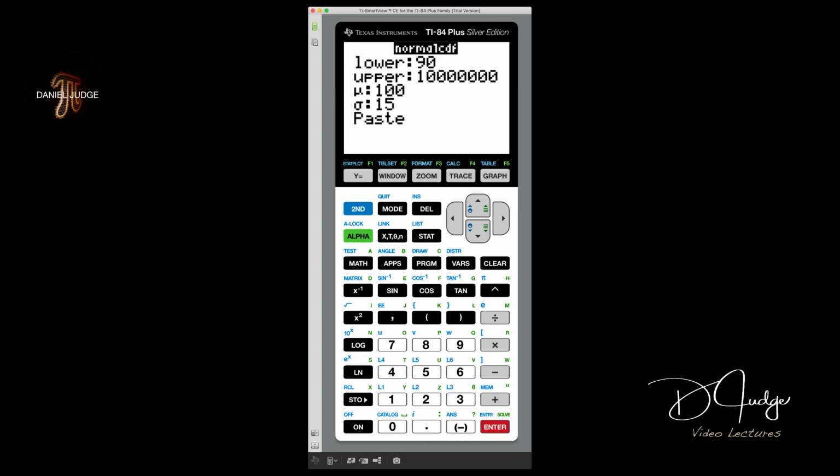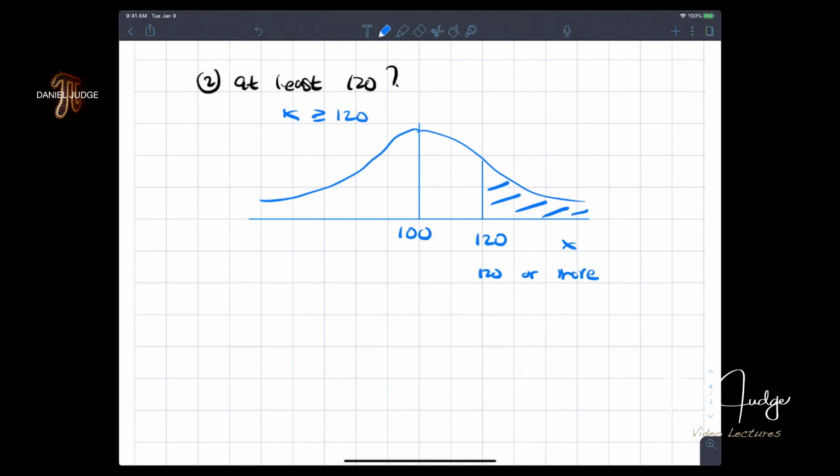The lower limit now, anybody know what the lower limit is? Let's go to the iPad. This is the lower, and I have to go all the way to, again, what? To infinity and beyond. We're reading this left to right. Lower limit is 120 and beyond. Upper limit goes on forever.